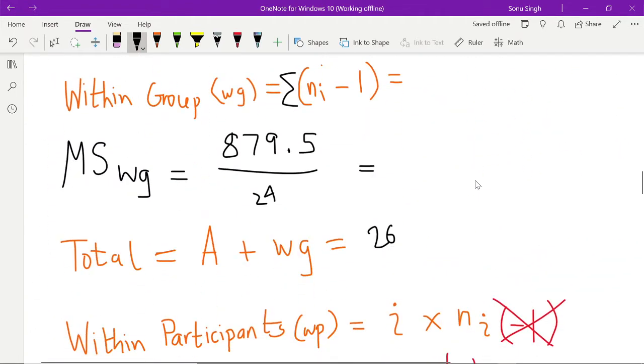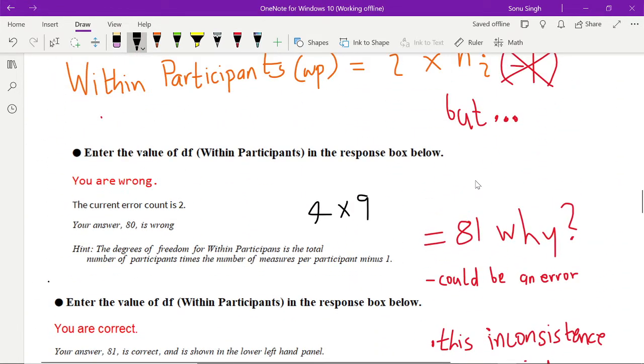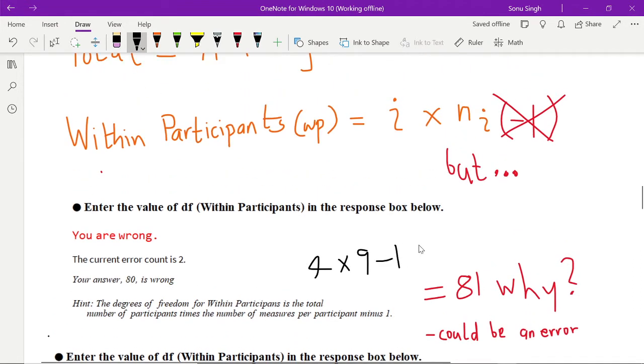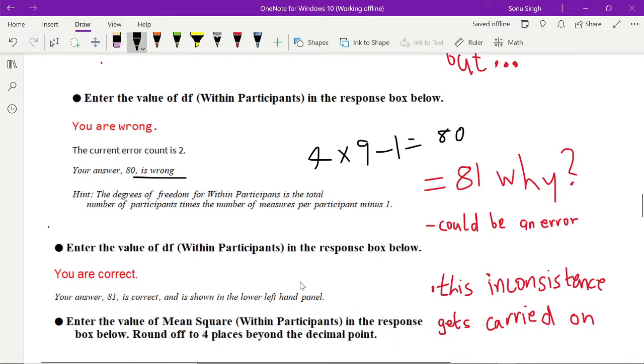If you did 4 times 9, you wait, 3 times 9. Yeah, if you had done 4 times 9 and then subtract that 1, this should have technically given you 80. So I thought to myself, if 80 is wrong, how can 81 be right? Like, this is an inconsistency.